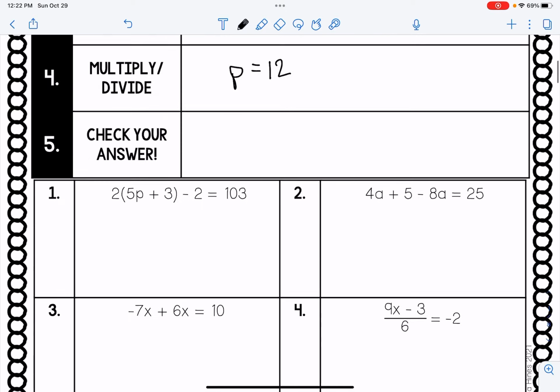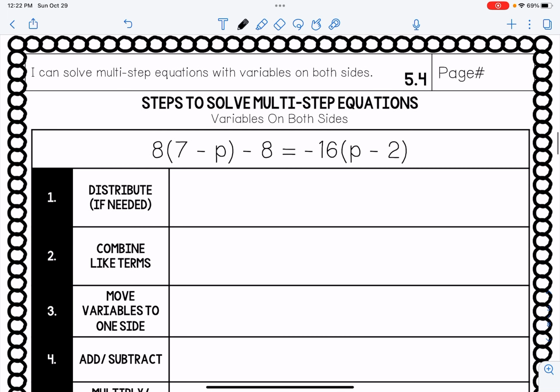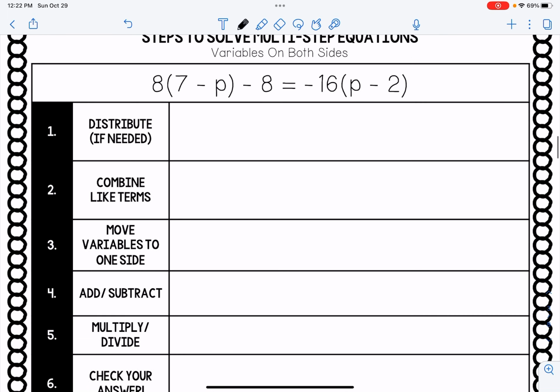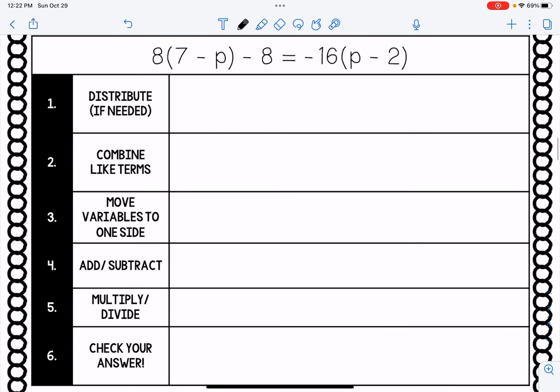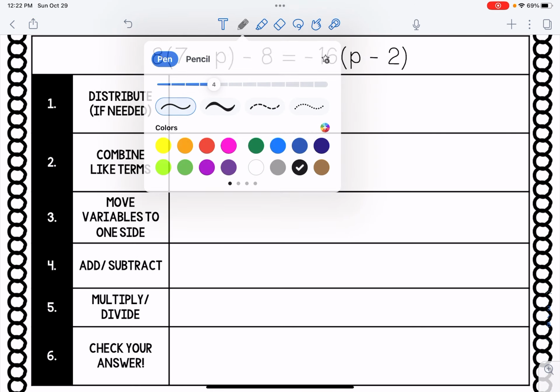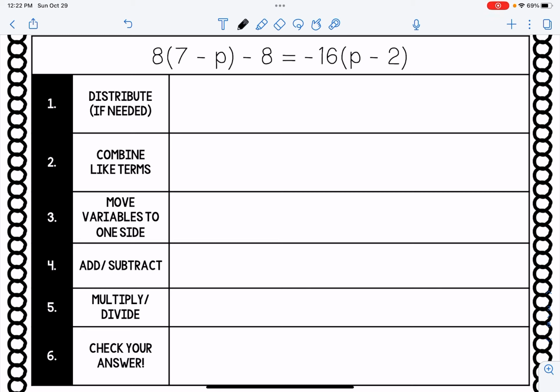So now we're going to move back to what we came here to talk about today, and that is variables on both sides. Same kind of steps we got going on here. So we need to distribute everywhere we can. So distribute if needed, and if it is needed, do it everywhere that it needs to be done.